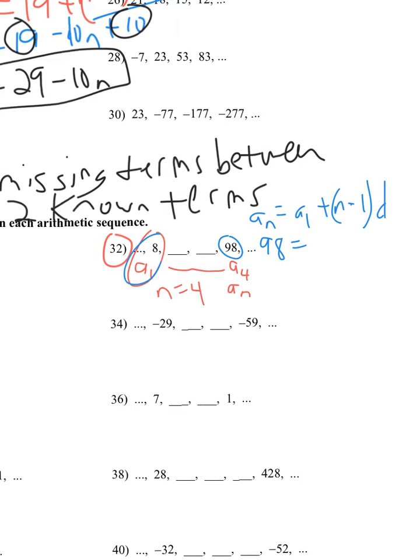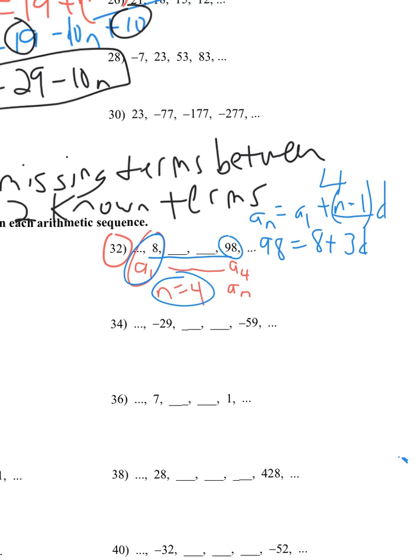I'm going to put 8 in for a1, so right here I'm going to have 8 plus, I know that n is 4 because there will be 4 terms total right here. 8 and 98 are my 2 outside terms, my first and my fourth term, but then I'm missing my second and third term, but there'll be 4 terms total, so I'm going to put 4 in here. And so if I do 4 minus 1 right here, this would be 3 times d.